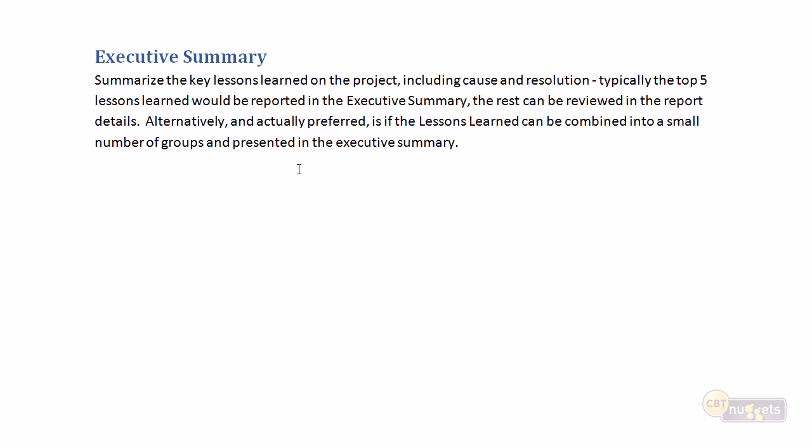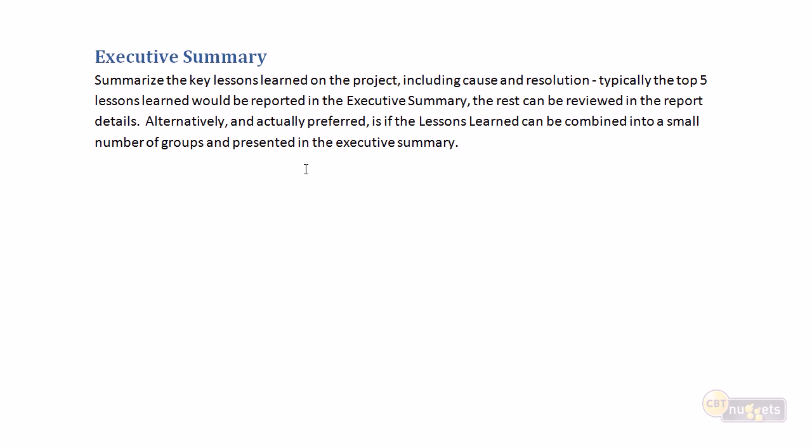Or, as I suggest later in this overview, alternatively, and actually this is my by far preferred approach for the executive summary, if after I've captured my dozen lessons learned, I can group these lessons learned into 3 or 4 main groups, then I would present the grouped lessons learned.